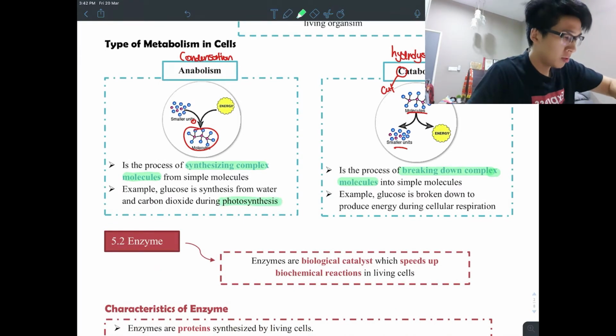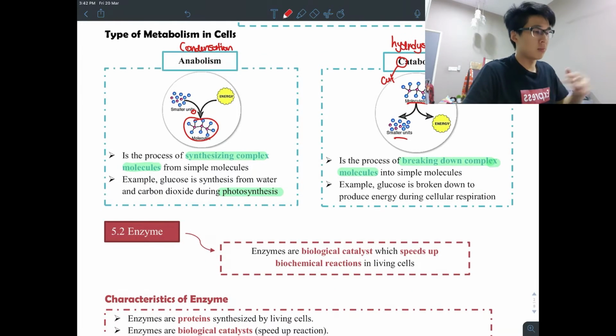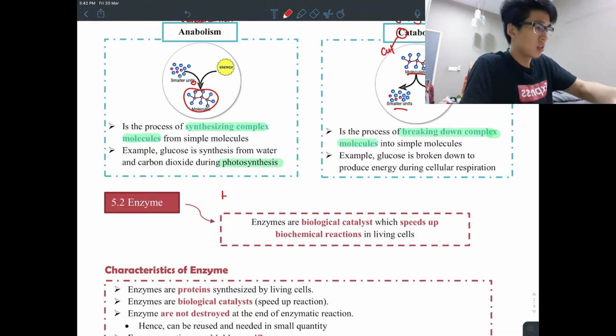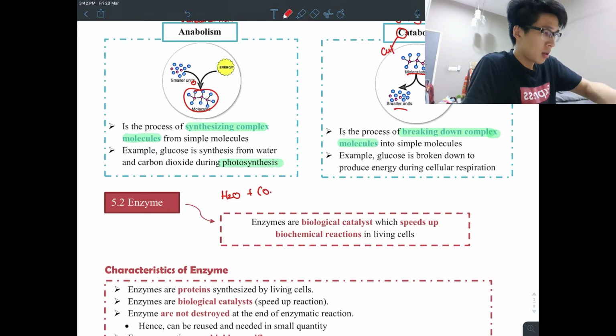For example, photosynthesis is a type of anabolism. If you remember back to your form 2, form 3, what do you need for photosynthesis? Number 1, you need water and also carbon dioxide, right?